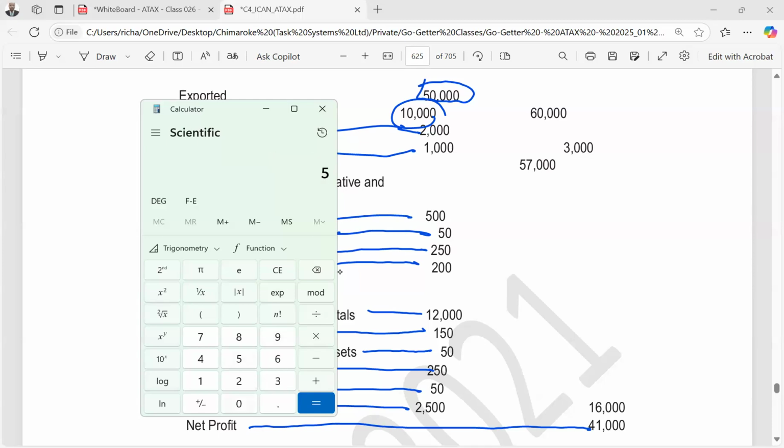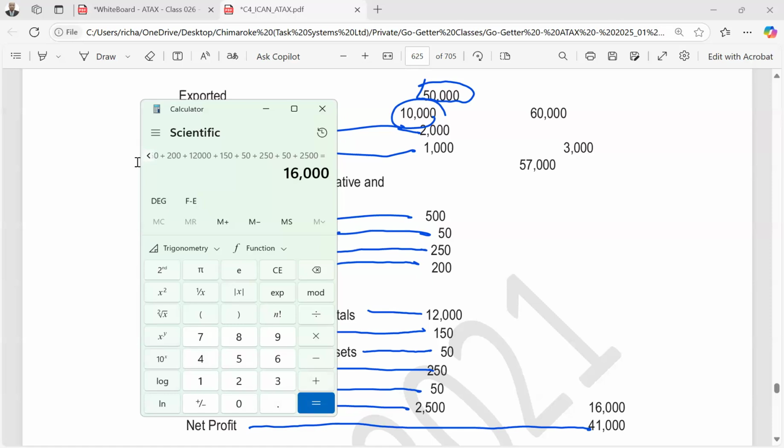Let's start: 500 plus 50 plus 250 plus 200 plus 12,000 plus 150 plus 50 plus 250 plus 50 plus 25 gives us 16.